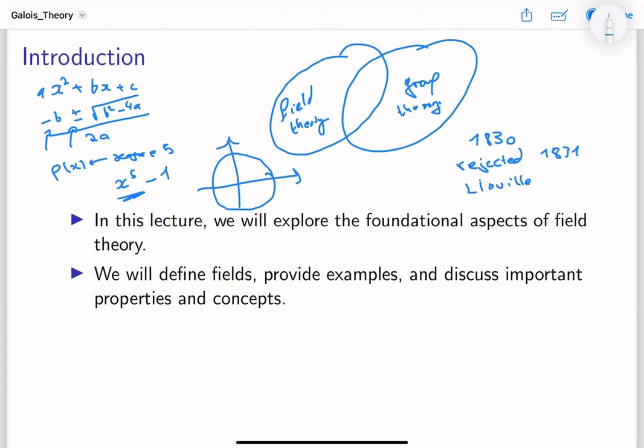I should mention that the problem of solving a polynomial by radicals was tackled by the mathematicians Abel and Ruffini. However, mathematicians claim that the work of Galois supersedes the work of Abel and Ruffini.